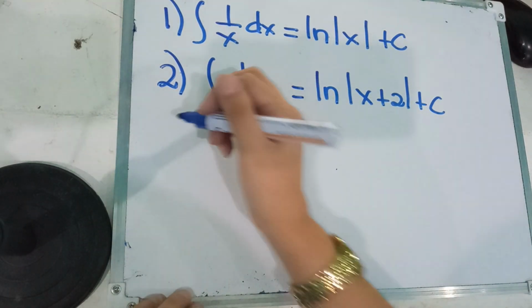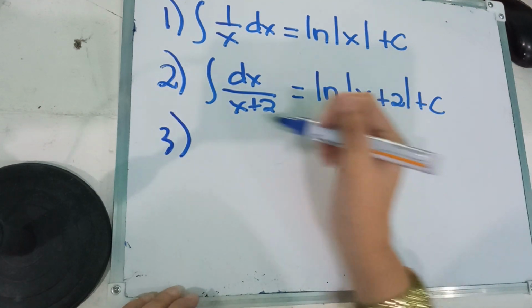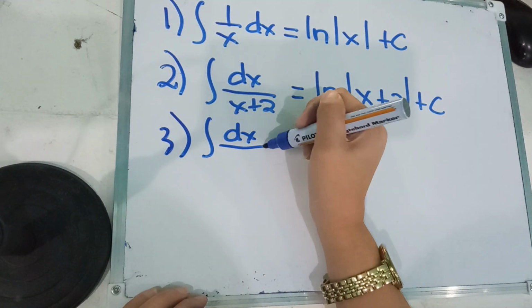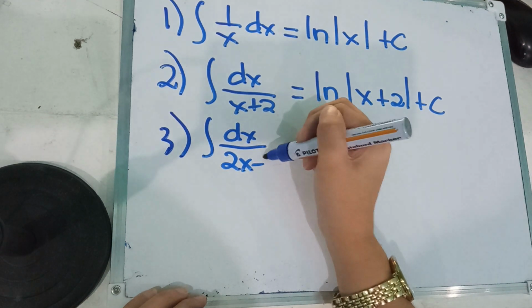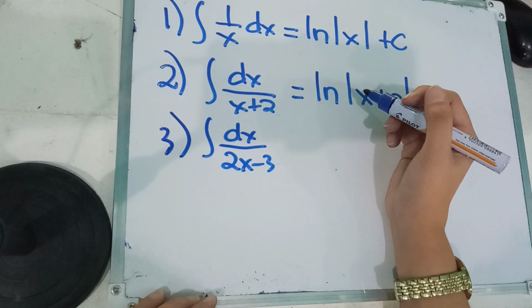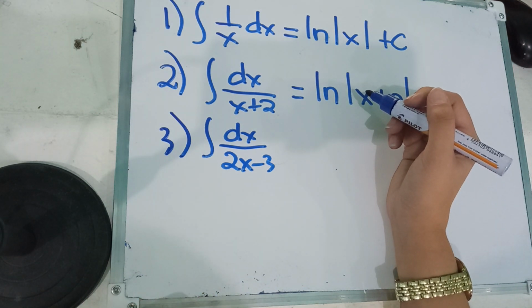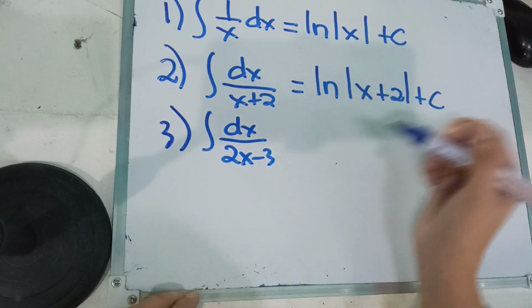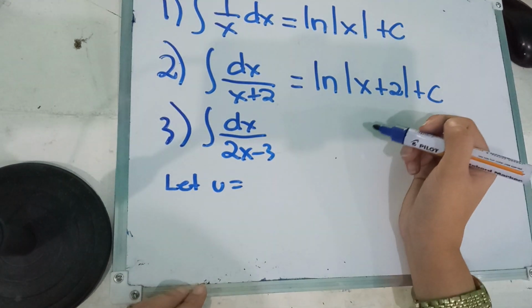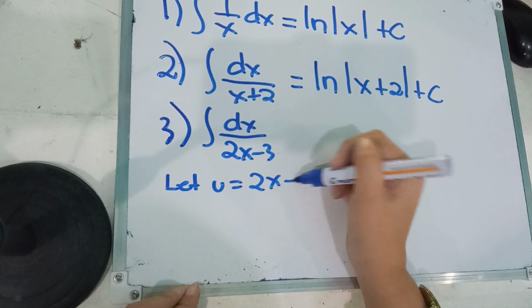Now for number 3, we have the integral of dx over 2x minus 3. For this given example, we can apply the U substitution method, which we have discussed last time. So let u be equal to 2x minus 3.